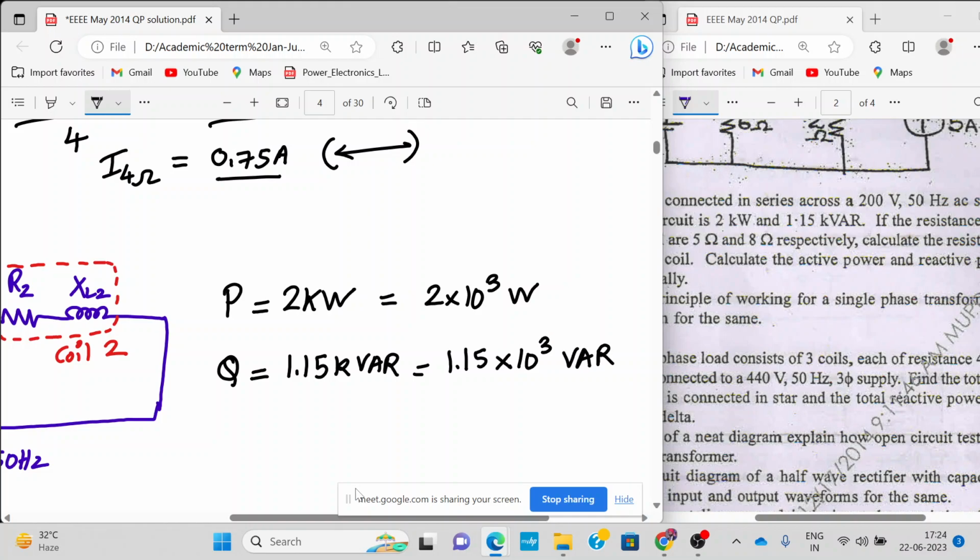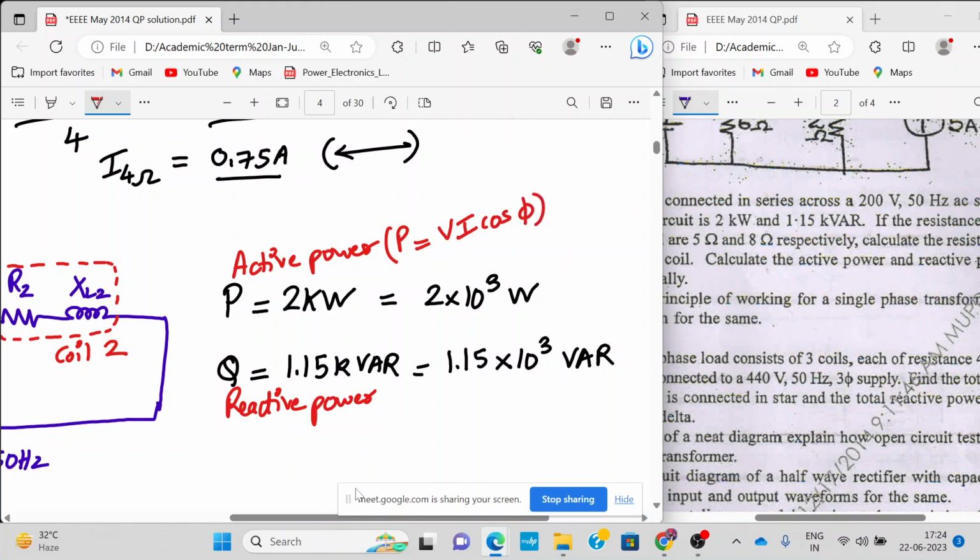This is very, very important to understand. This is active power, and this is reactive power. And do you know the formula of them? Active power formula? VI cos phi.